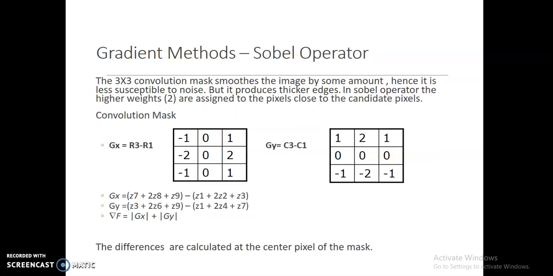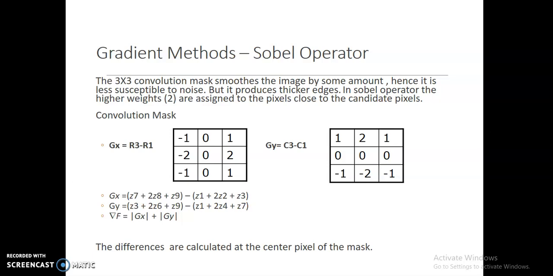Sobel operator, this is the second one in the gradient method, first order derivative. Here we use the 3 by 3 convolution mask. It smooths the image by some amount, and hence it is less susceptible to noise, but it produces thicker edges.